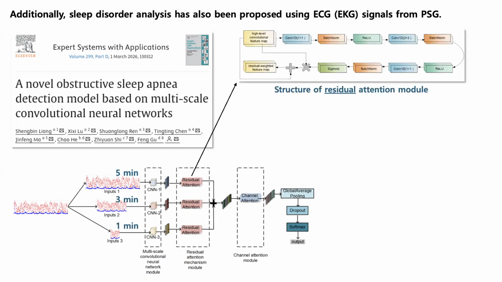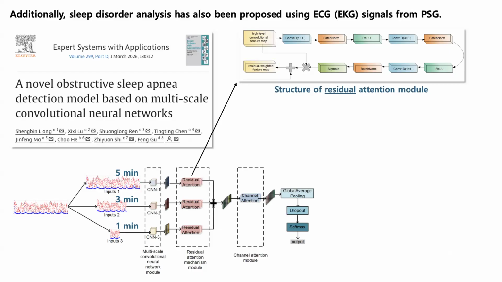Then they go through the residual attention mechanism. This module looks like this, and when the feature map goes through this module, there are three 1D convolutional layers.